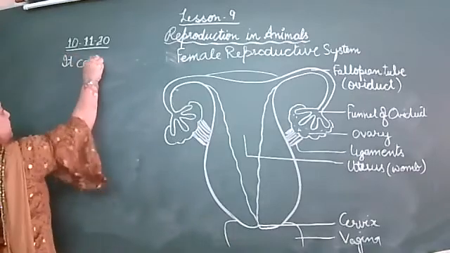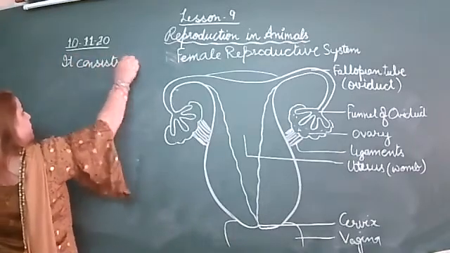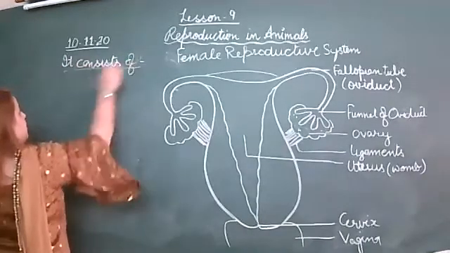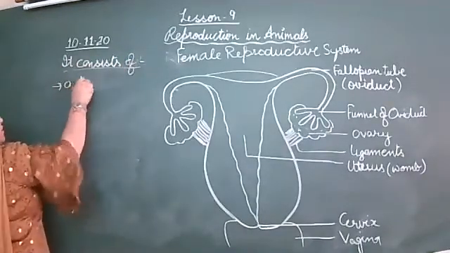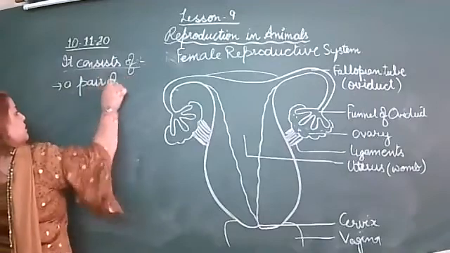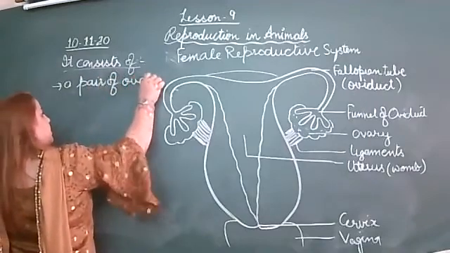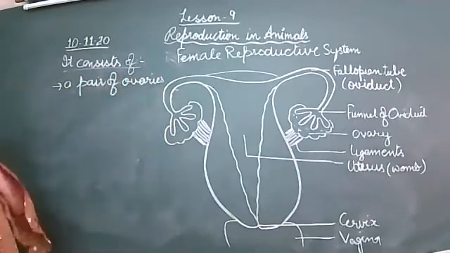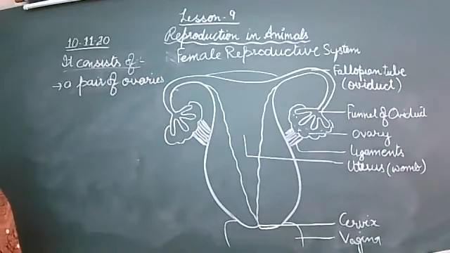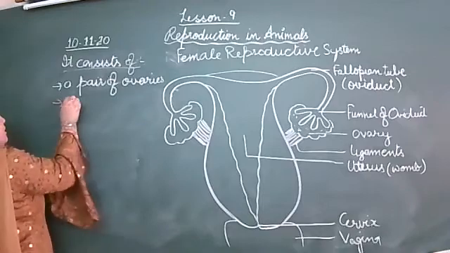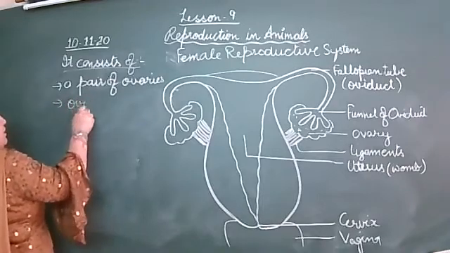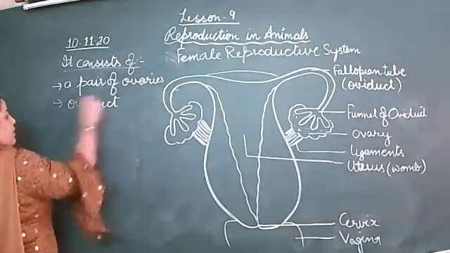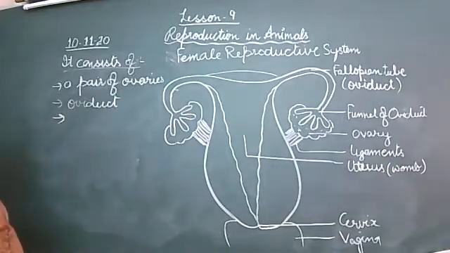You can see a pair of ovaries on both sides, oviduct or fallopian tube, then the vagina as well as the cervix.